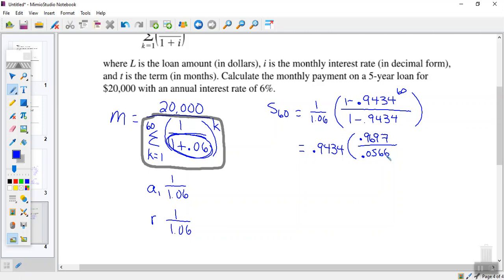Okay. I need someone to go through with a calculator and go 0.9697 divided by 0.0566. Okay, I get about 16.1628.